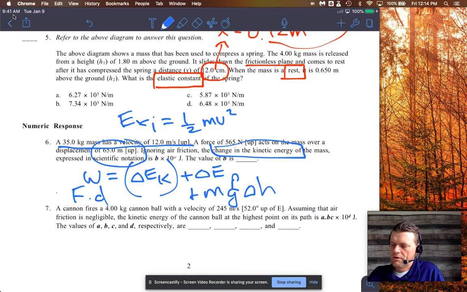So the change in kinetic energy will be the final amount minus the initial, but it doesn't need you to find the final amount. It just wants to know the change in. So literally you would just take this amount here and minus mgh from that, and you'd get it. Again, I'm just showing you that really fast here.